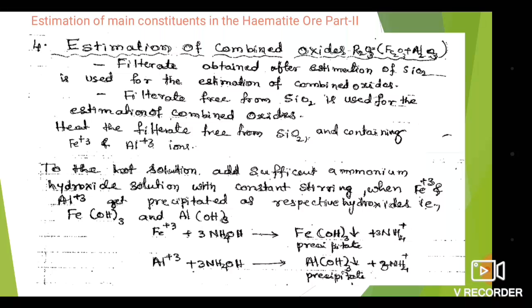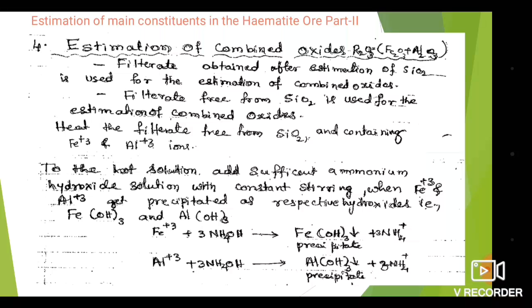Heat the filtrate free from SiO2 and containing Fe+3 and Al+3 ions. To the hot solution, add a sufficient amount of ammonium hydroxide solution with constant stirring.